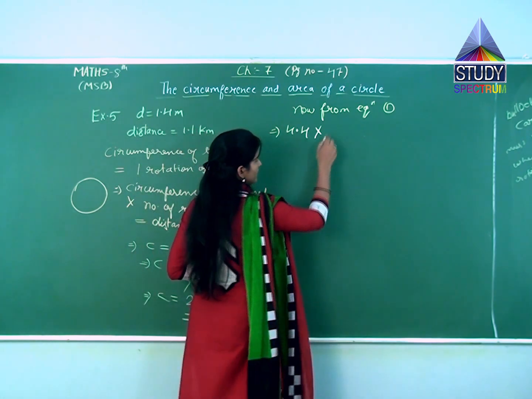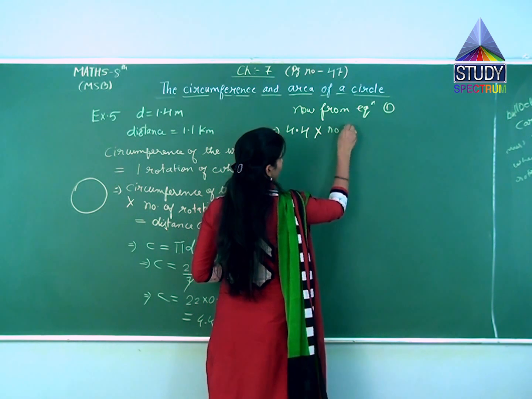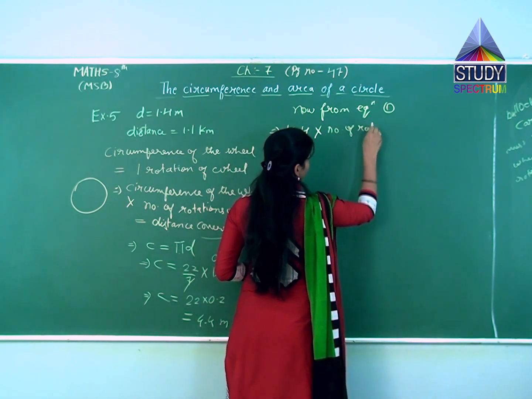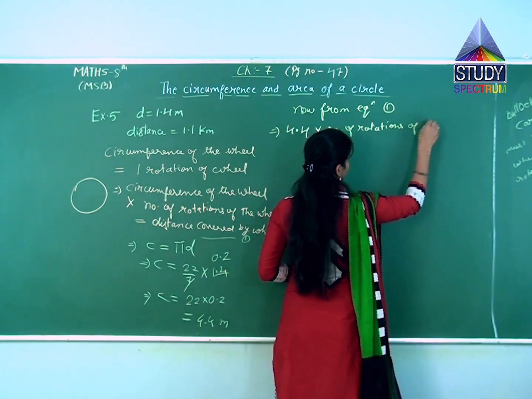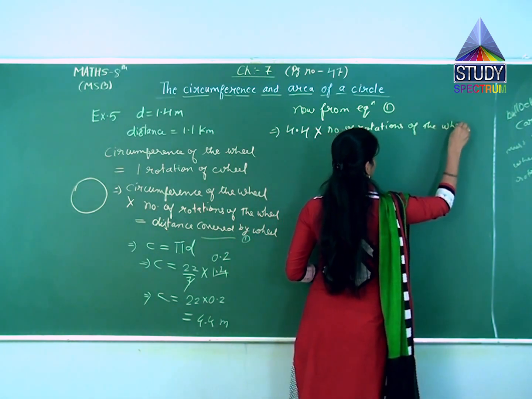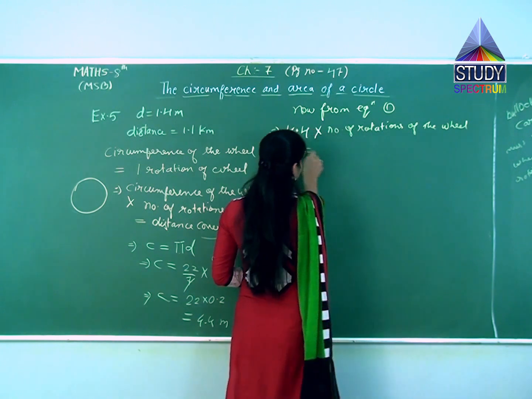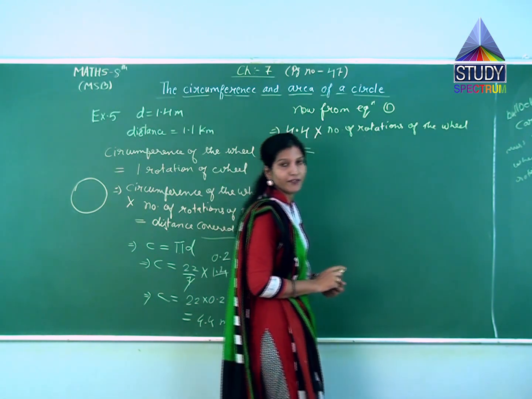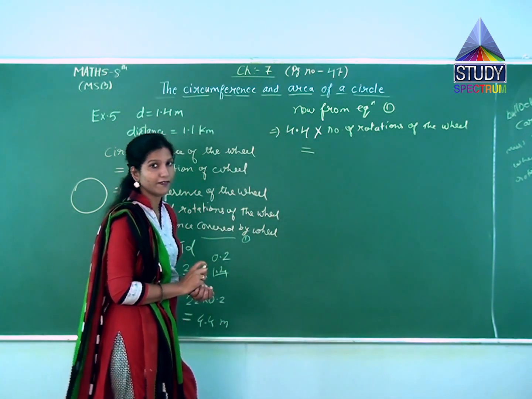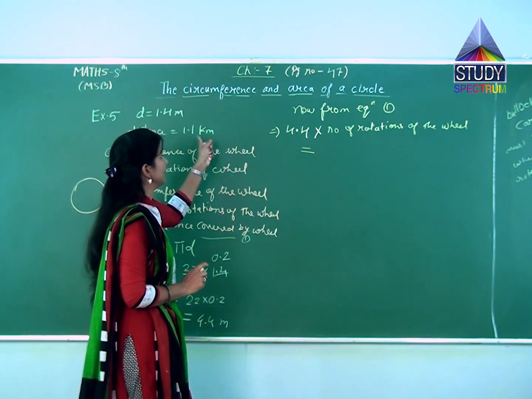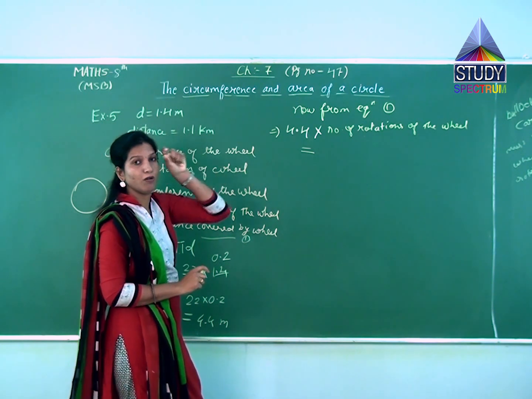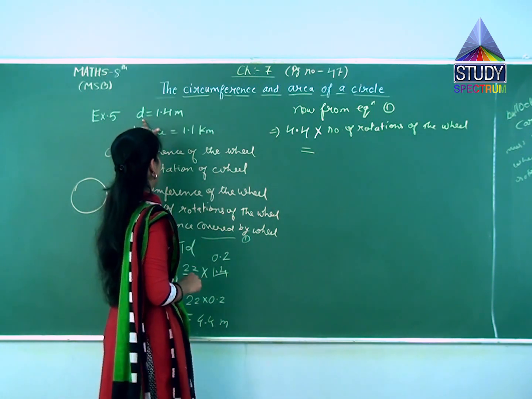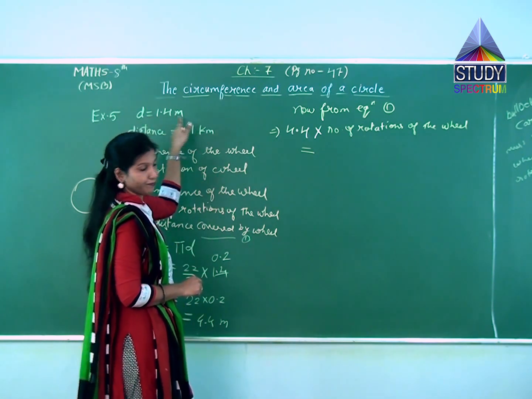So here we will simply write number of rotations of the wheel is equal to distance covered by the wheel. What is the distance covered by the wheel given? 1.1 kilometers, but here distance is given in kilometers and our diameter was in meters.